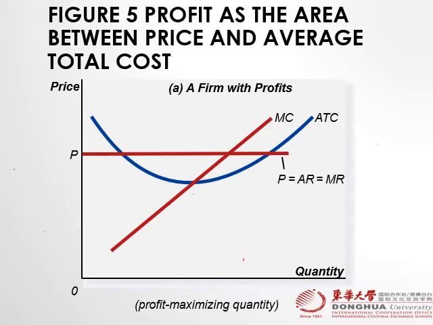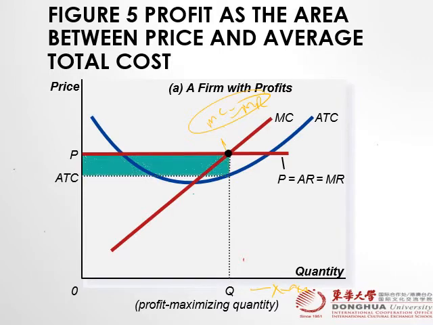So here we have a price line, so where MC is equal to MR, that is the point where MC is equal to MR. So in order to find out the quantity, it lies on the x-axis here. So this is our maximum quantity, and the cost of this quantity is on the cost curve, which is average total cost.